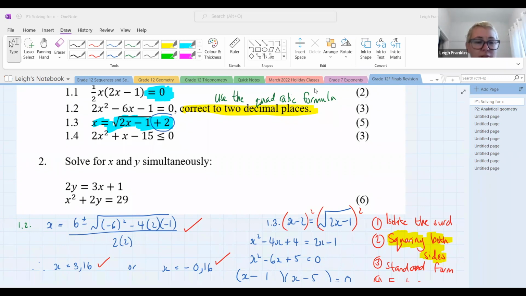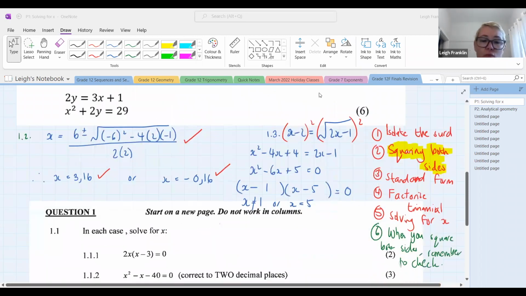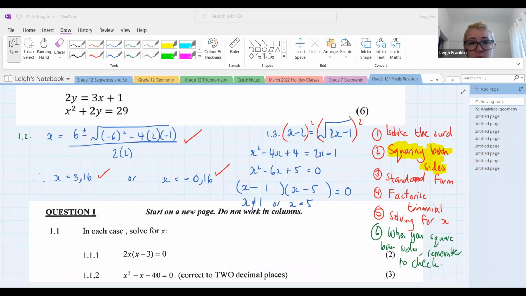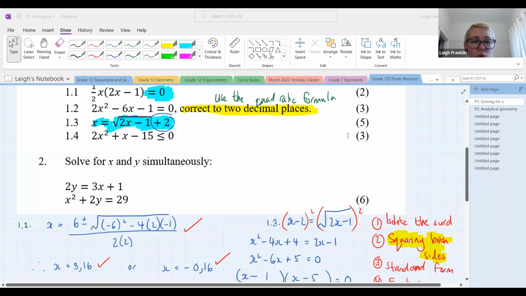Do we get the same thing on both sides? We do. It's 5. So it's 5 on the left and it's 5 on the right. So we can see that 5 is indeed a valid root. So very, very important to go and check when you've squared both sides.